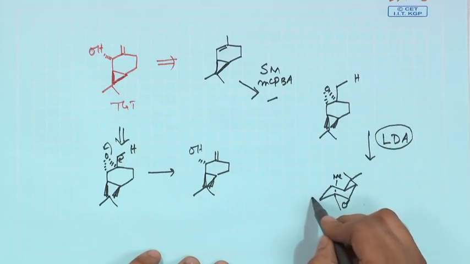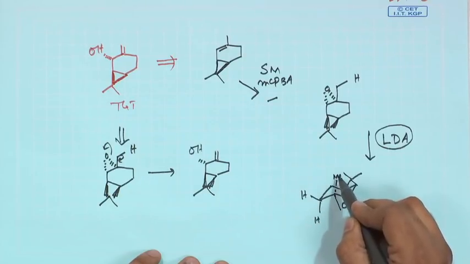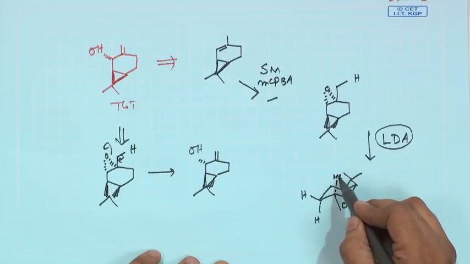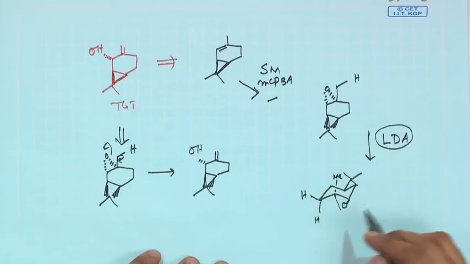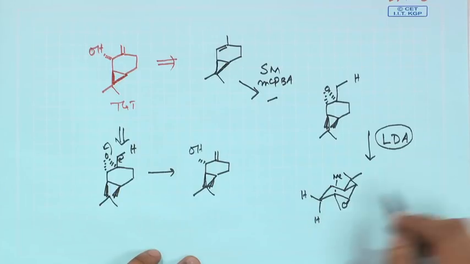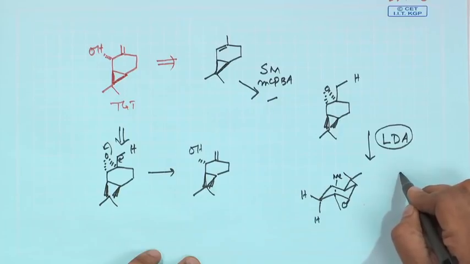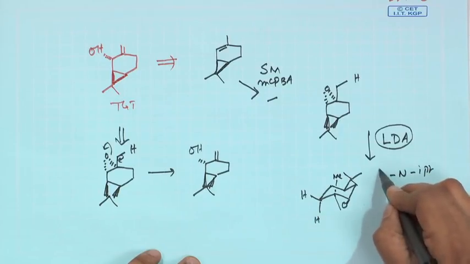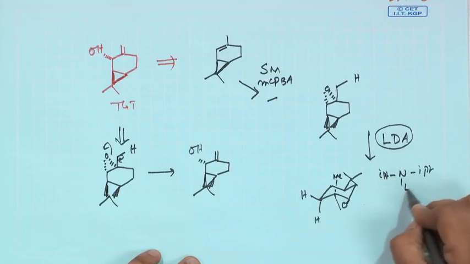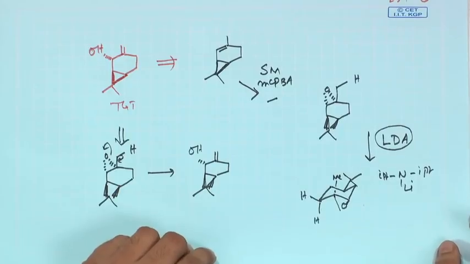Now, LDA can also abstract a hydrogen from here, because this CH2 might be abstracted, this hydrogen also can be abstracted. LDA is an N-isopropyl lithium, this is the real base, this is the real base.